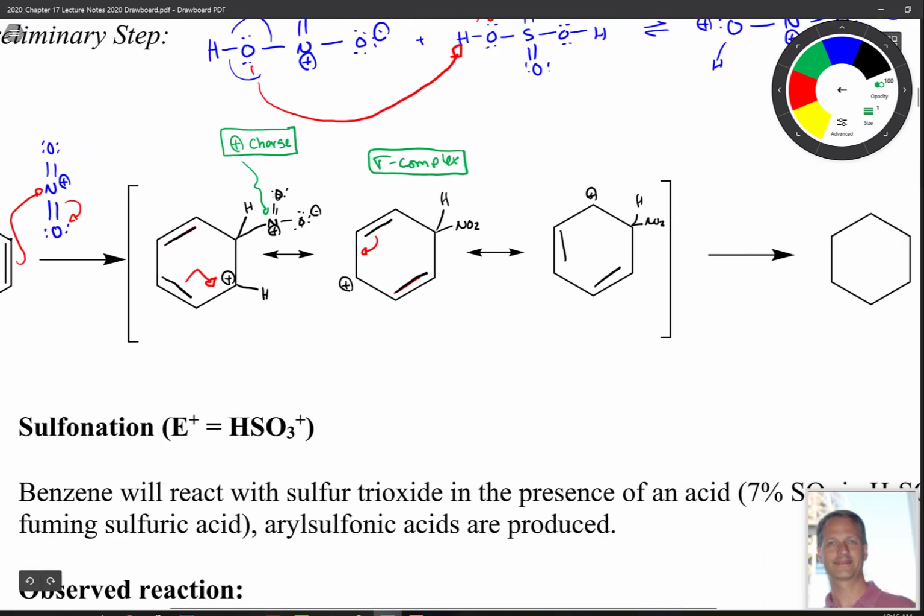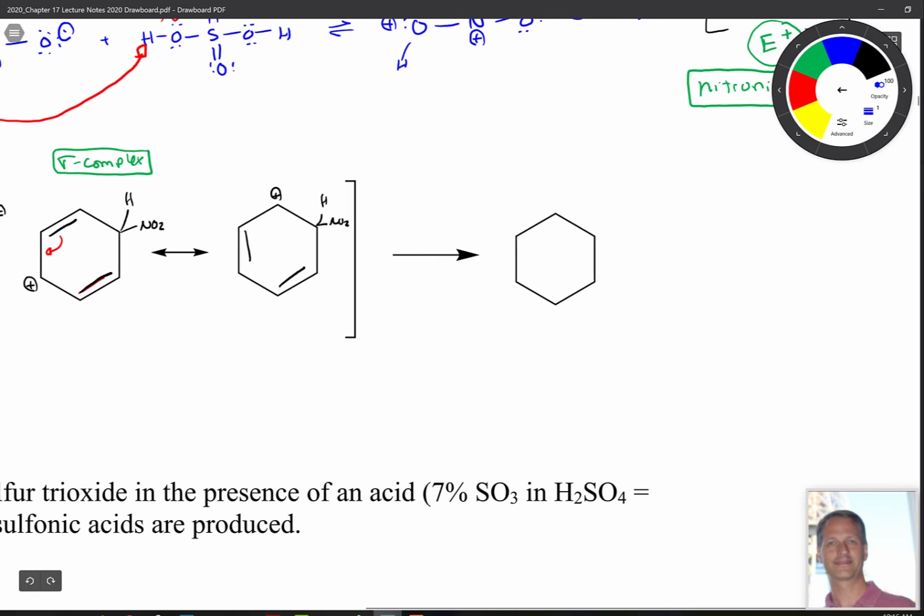All right, so then you have your next step. Remember we said sulfuric acid behaves as a catalyst here. So we're going to have this revisit us from sulfuric acid, and it's going to grab a hold of a proton. So we're going to swing around here and grab a hold of this H, and then come down and do that. So that gives us our double bonds, and then our NO2 here.